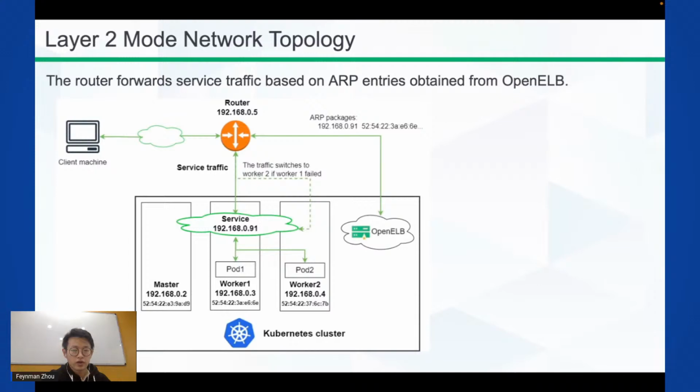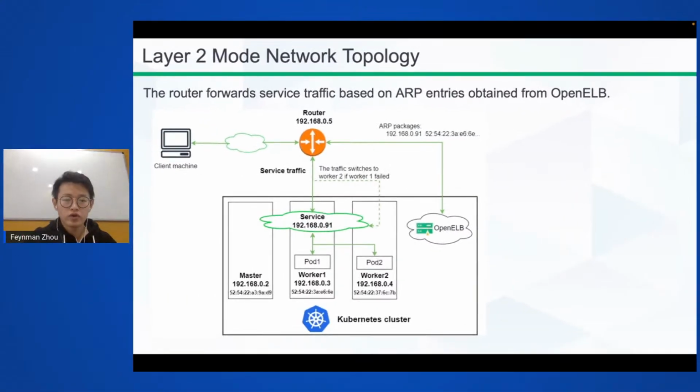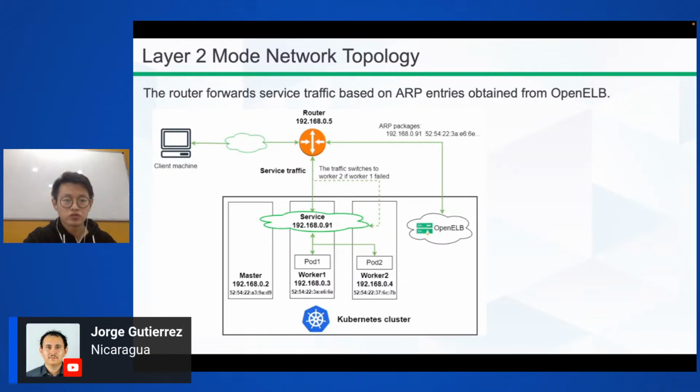OpenELB operates in this mode as active-standby. That means if there is a failover of worker node 1, it will switch the request and traffic to the second node.